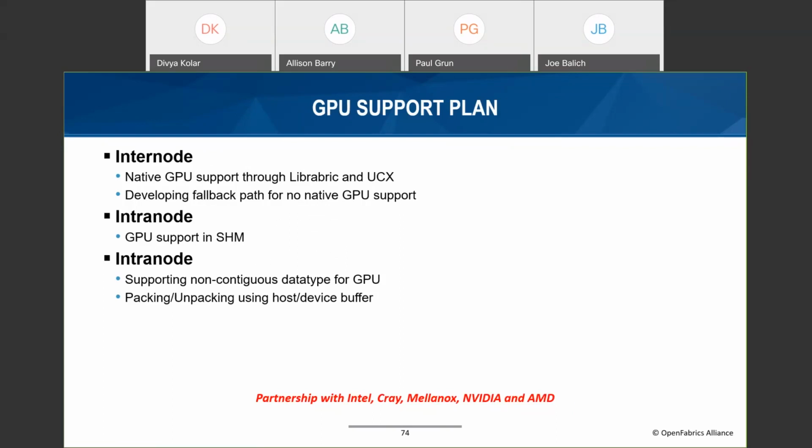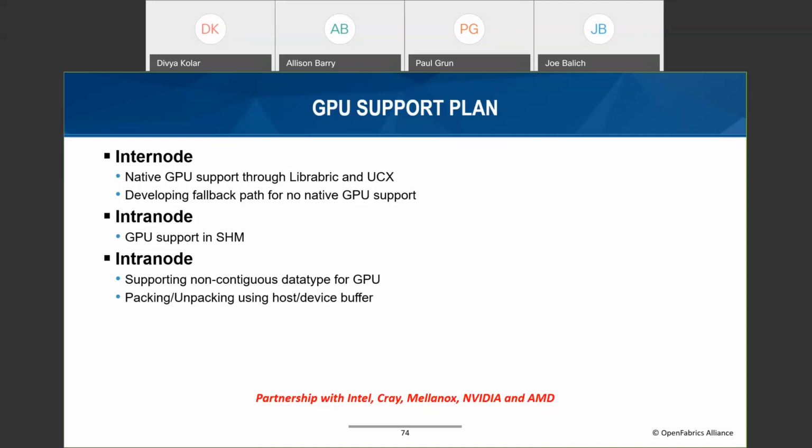For example, if I have a non-contiguous GPU buffer, then we have to pack it first, and then utilize the native path to transmit it. But in that implementation, we also have to consider what kind of buffer we're packing into, and where the data is coming from, trying to reduce the data copy by using a GPU register buffer or network register buffer, in essence.